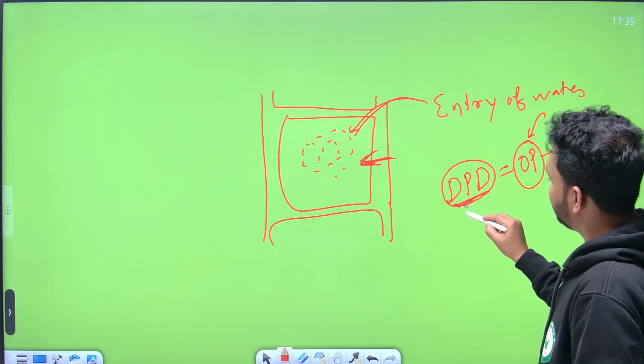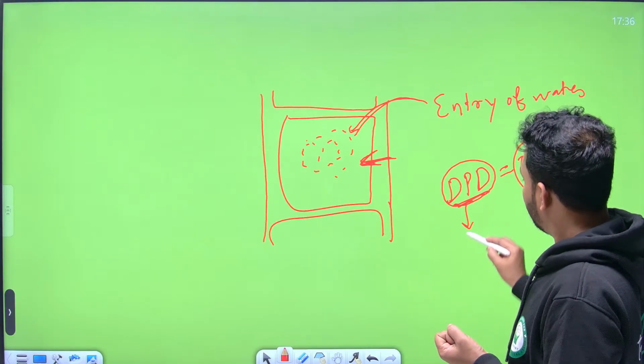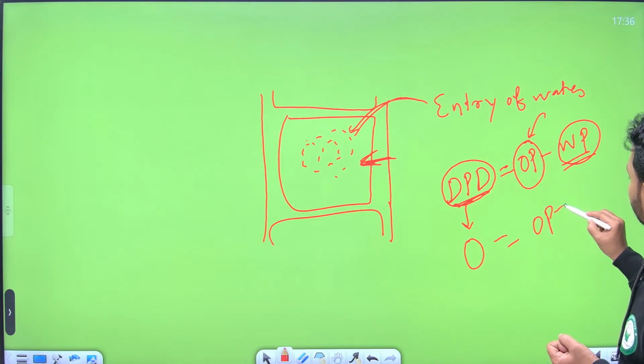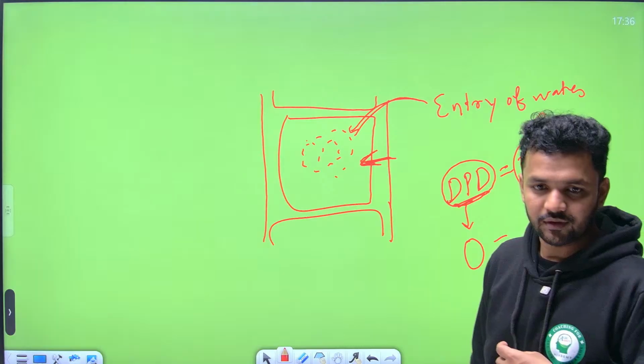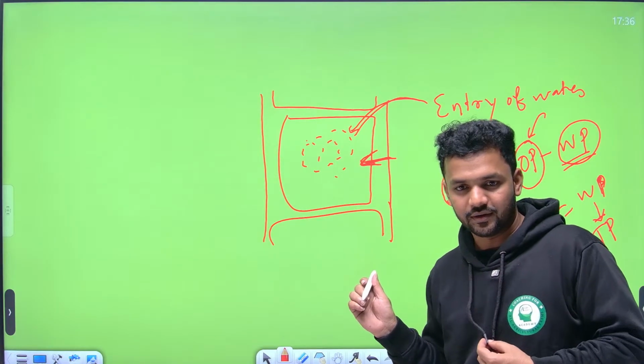DPD is the suction pressure, or how much water it can take. It will become zero when OP becomes equal to WP, or turgor pressure. Understood? A bit complicated, but did you get it?